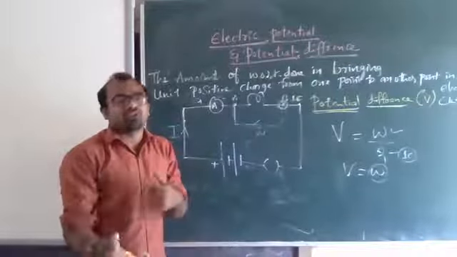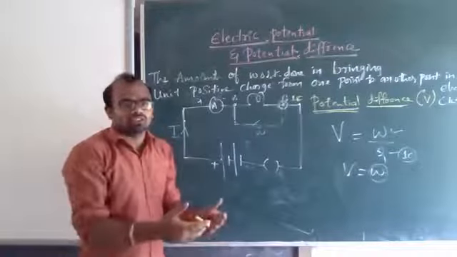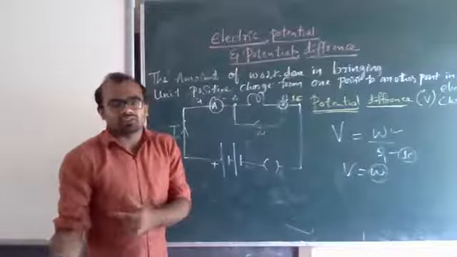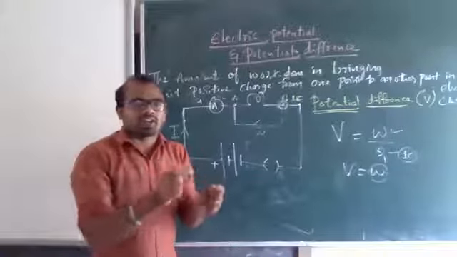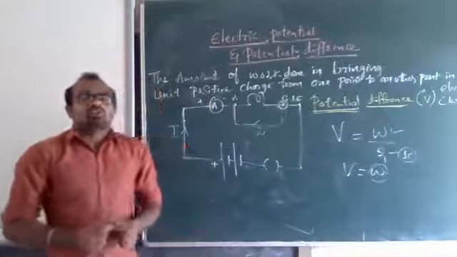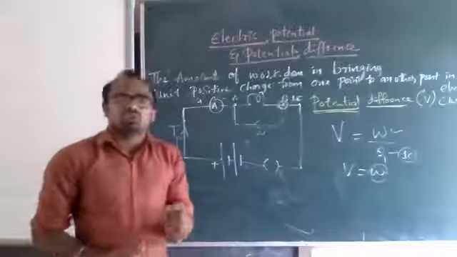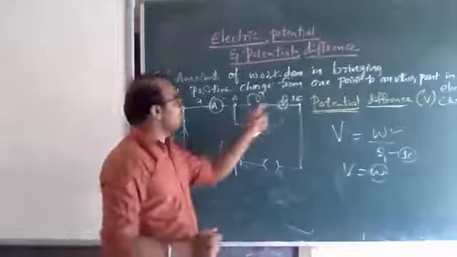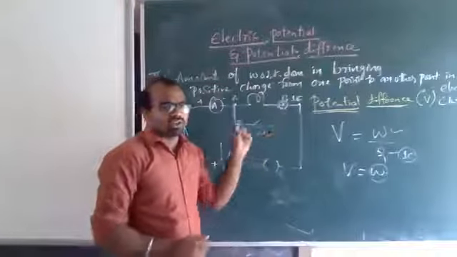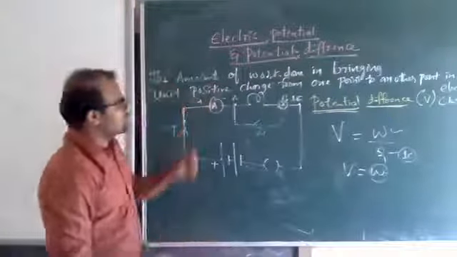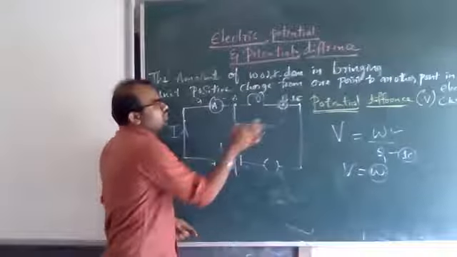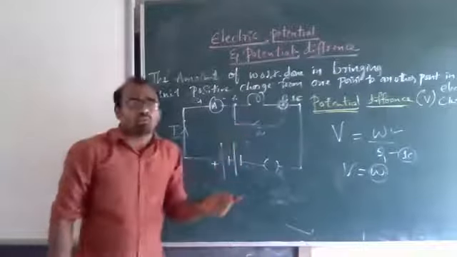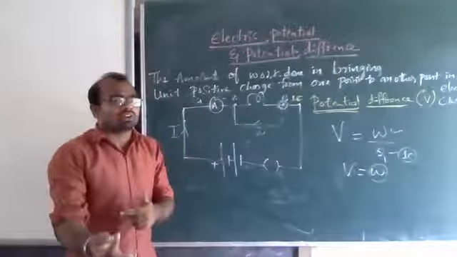Right? So difference is always between 2 objects. What is the difference between your weight and your friend's weight? If his weight is 50 kg, your weight is 45 kg, then the difference is 50 minus 45, 5 kg. So difference is always between 2 things. That means here 2 points are there, hence it is potential difference. Now what is electric potential? For electric potential, in an electric circuit, we will not take any 2 points because we don't know the other point.